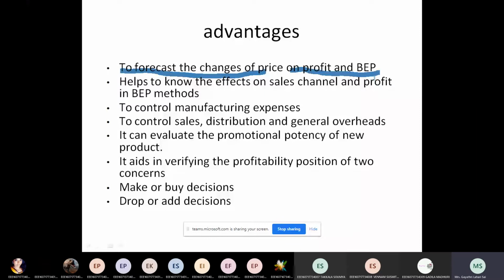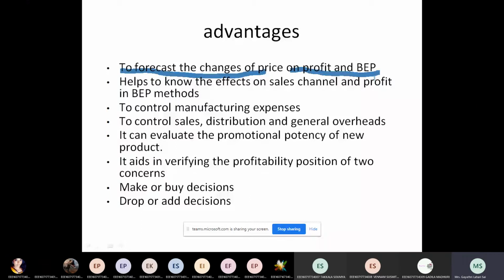By break even analysis you will know where you are lacking, for example if you are spending too much on materials or machinery, you can cut it down and reduce manufacturing expenses.